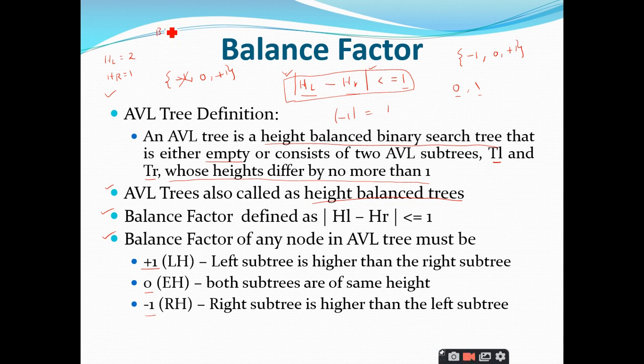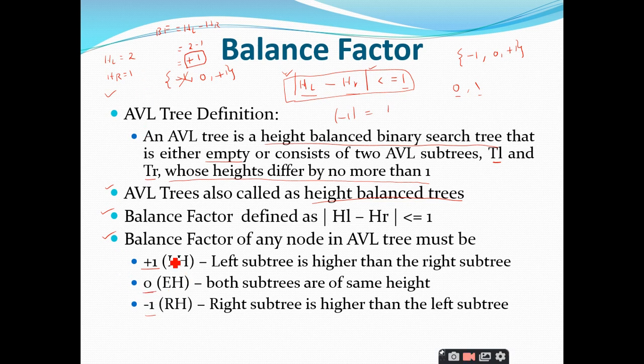Balance factor is defined as HL minus HR, that is 2 minus 1, which is equal to +1. So you get a positive balance factor +1 whenever the height of the left subtree is greater than the height of the right subtree.